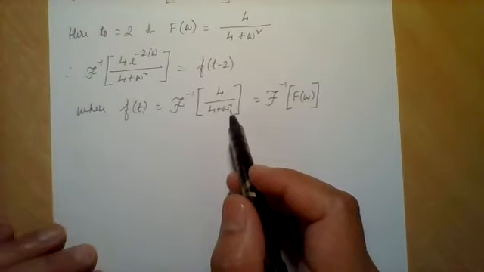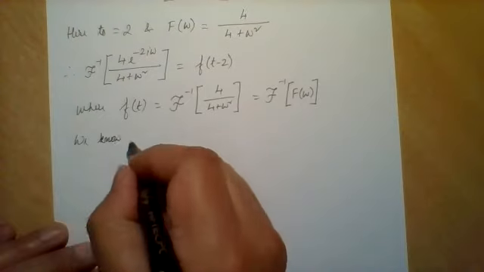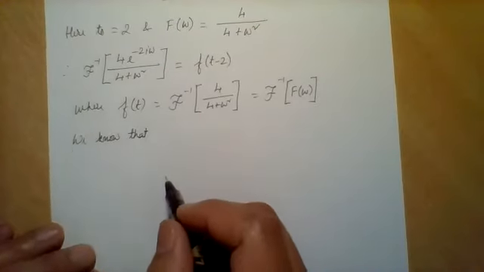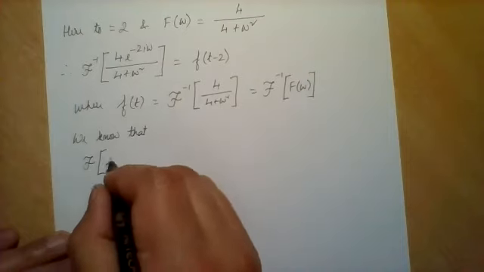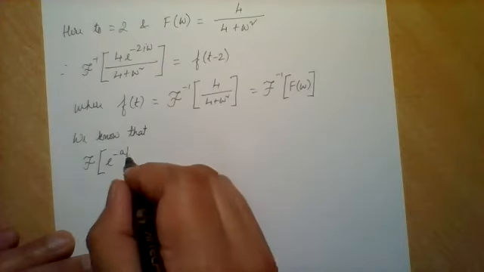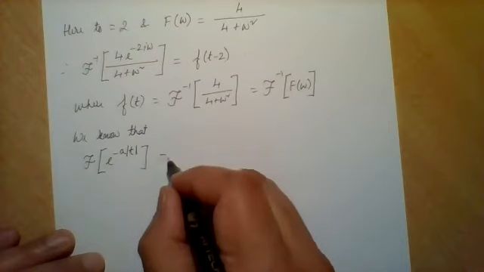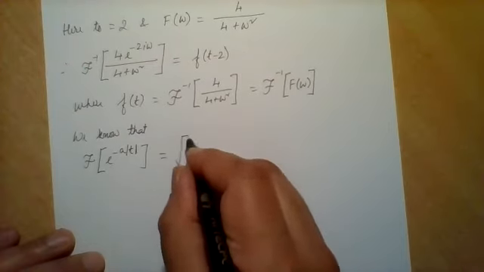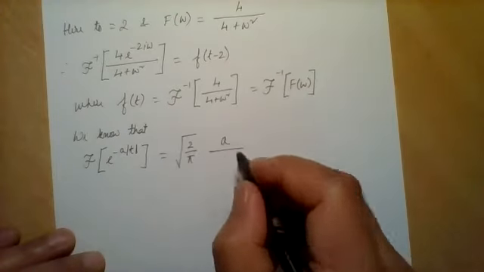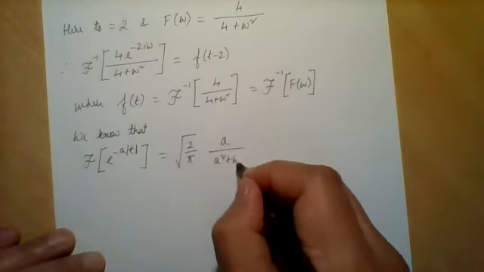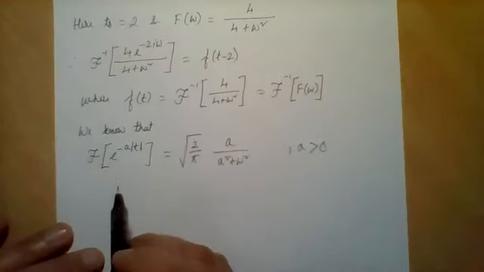From an earlier example which we solved, we know that the Fourier transform of e to the power minus a modulus of t, this was the first example which we solved, was equal to root over 2 by pi times a divided by a square plus omega square, where a is greater than 0. This was the result which we obtained earlier.